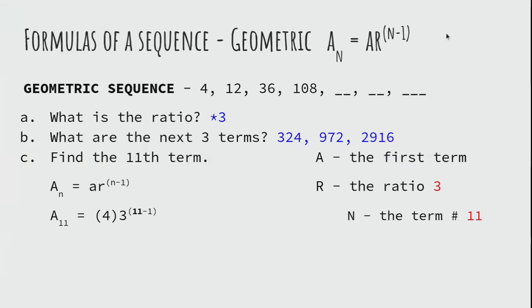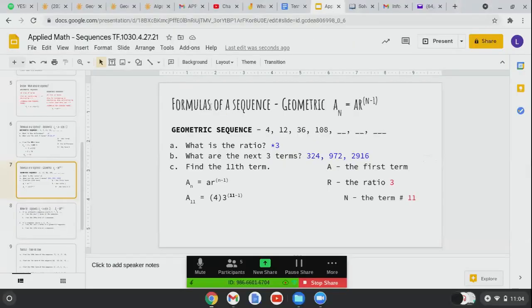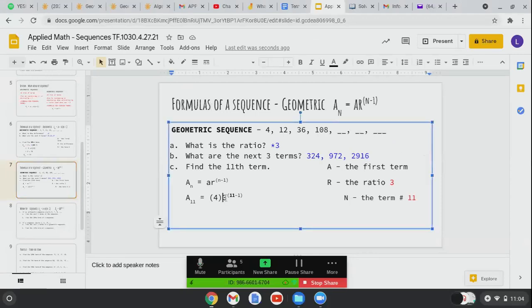So our first term is 4. The ratio is 3, and we are looking for the 11th term. So now it comes down to a math problem. Again, using order of operations, you can solve the problem and find the value of the 11th term.